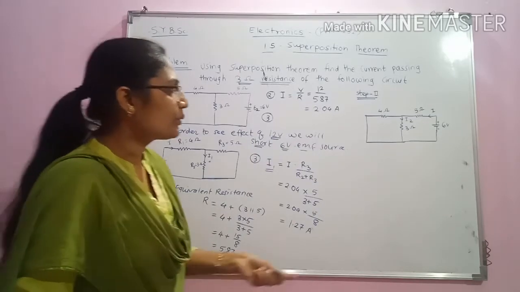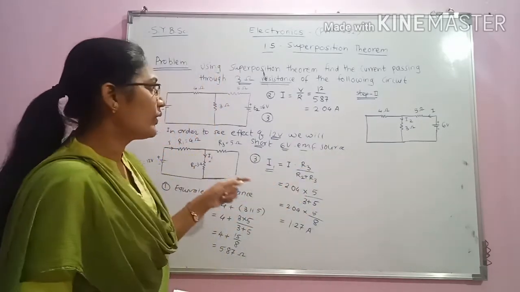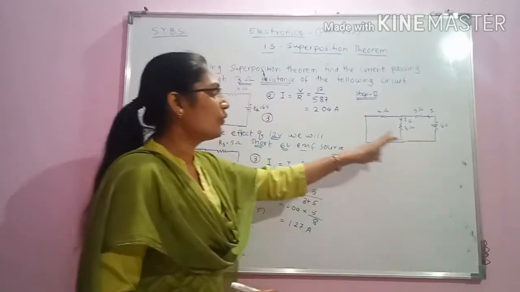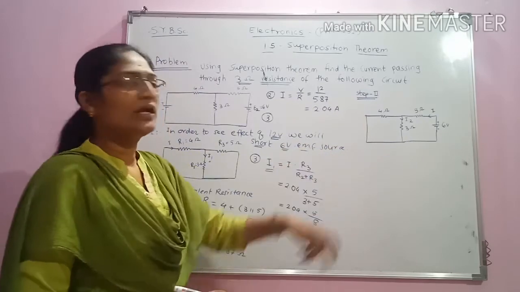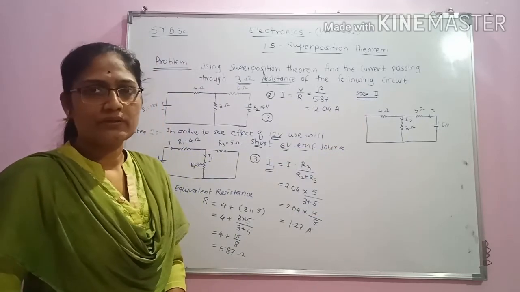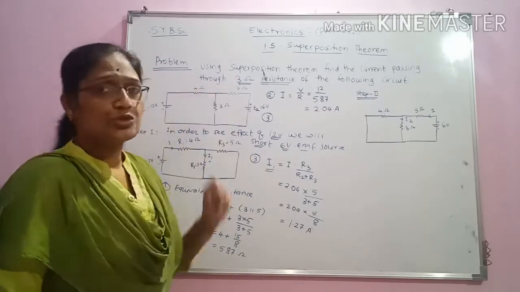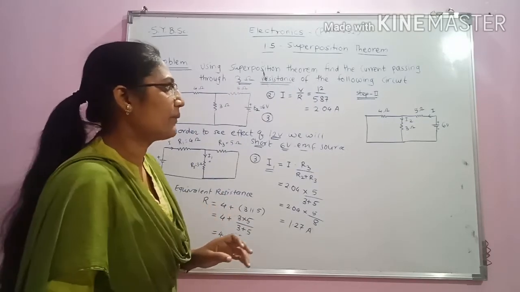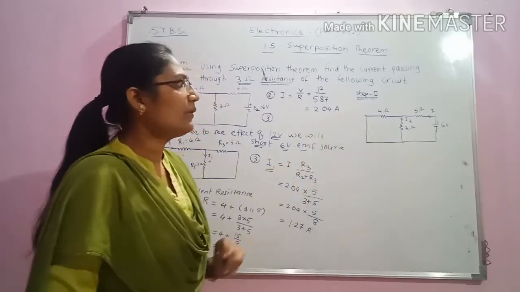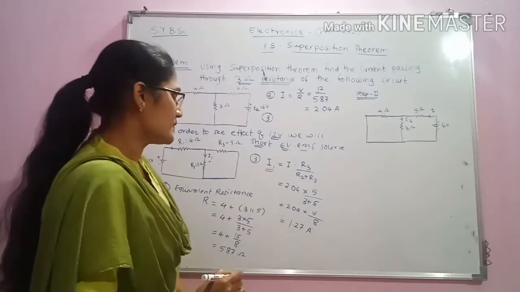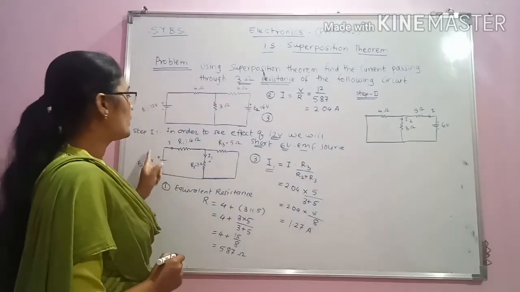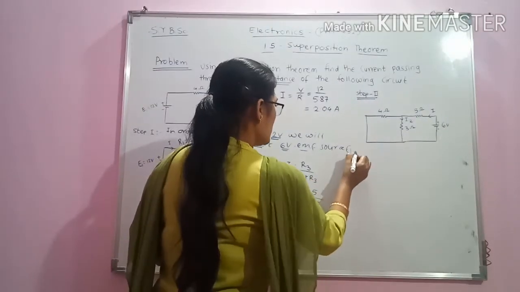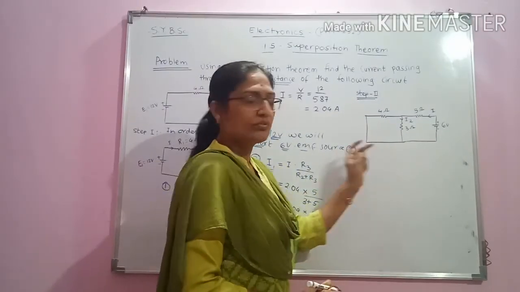Now, in order to calculate the current due to the 6 volt battery, we have to short circuit the 12 volt battery as per the superposition theorem, because we have to consider one loop at a time. Therefore, we will short this 12 volt battery.